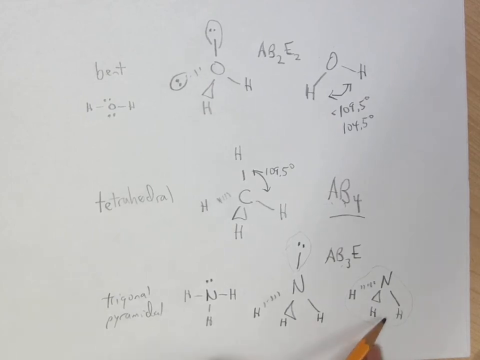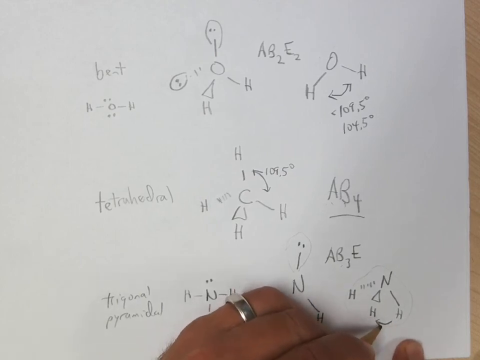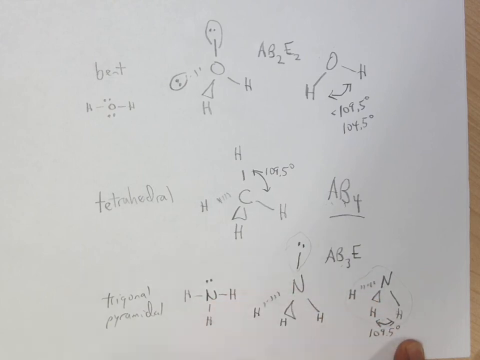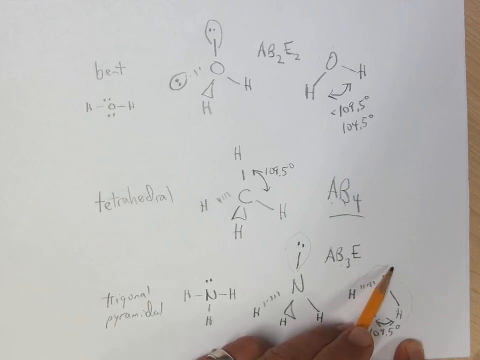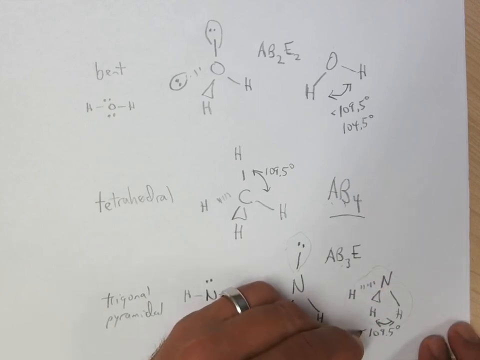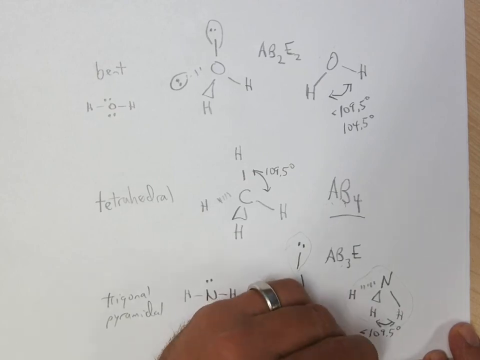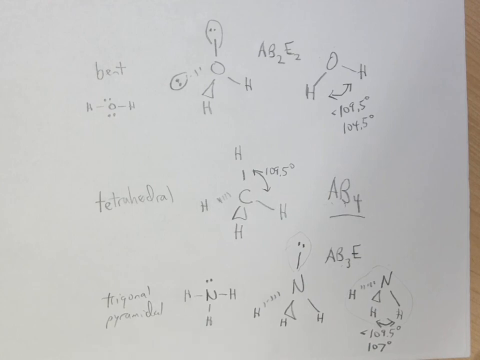And who wants to guess what the bond angle in NH3 is? Well, if it was a perfect tetrahedron, the hydrogen-nitrogen-hydrogen bond angle would be 109.5 degrees, but since the lone pair pushes the bonds a little closer together, you'd predict a little less than 109.5 degrees, and in fact it's about 107 degrees, if memory serves me right, from being pushed just a little bit closer.